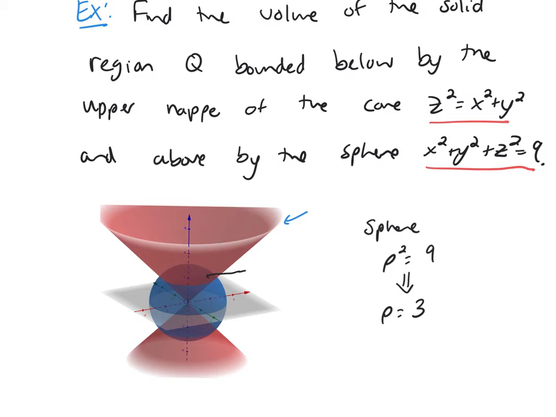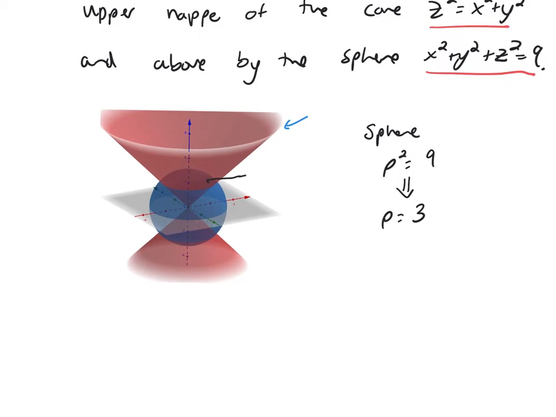Before we do too much converting, let's find the intersection of the sphere and the cone.